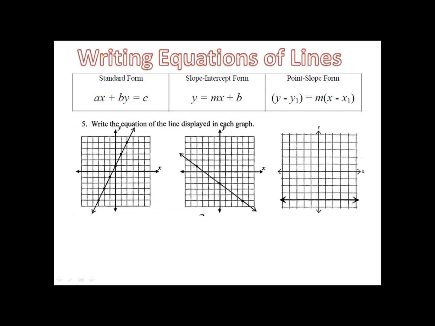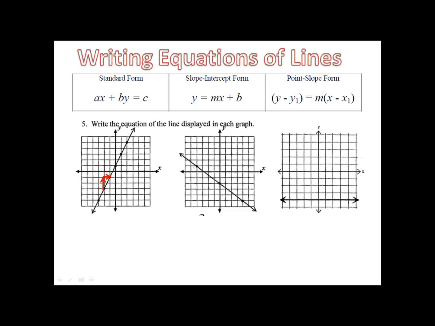Example 5 asks us to write the equation of the line displayed in each graph. To write the equation of a line, we need a point and the slope. If you have the y-intercept, that's certainly the easiest point to use. In this case, our y-intercept is right here at +1. We also have our slope. Our slope is up 2, right 1.